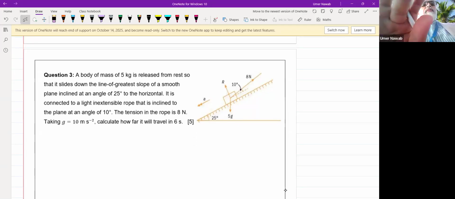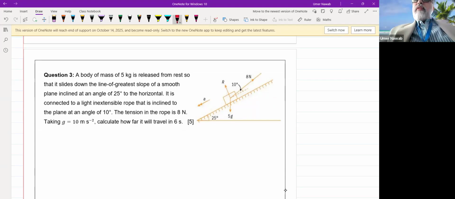Now we come to question number 3. Question number 3 says that the tension in the rope is 8 newtons. First, we need to resolve this 8 Newton force along the plane and perpendicular to the plane.